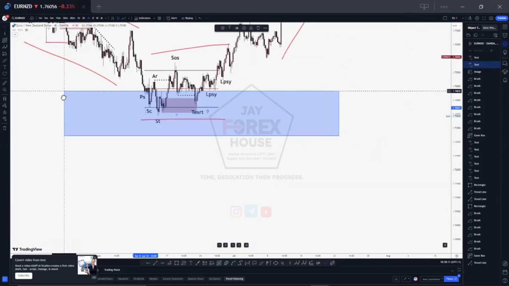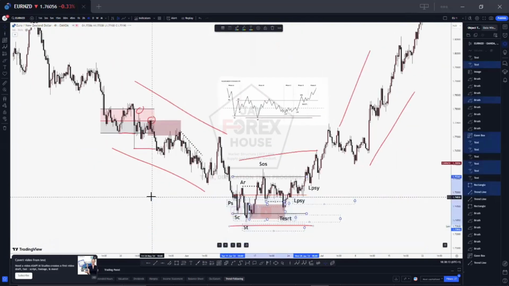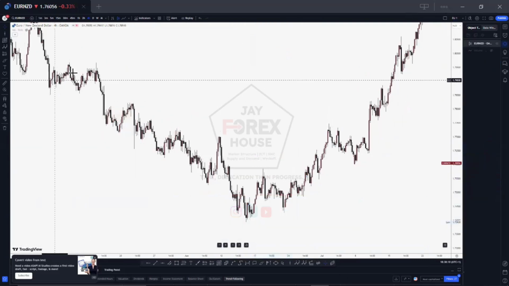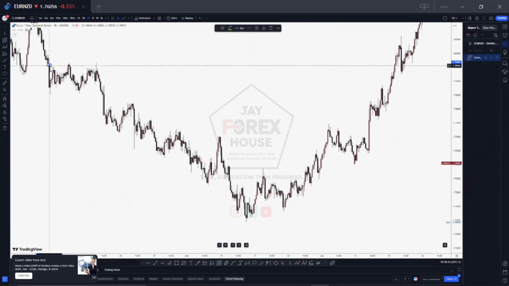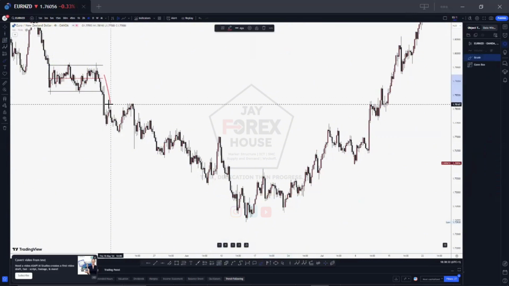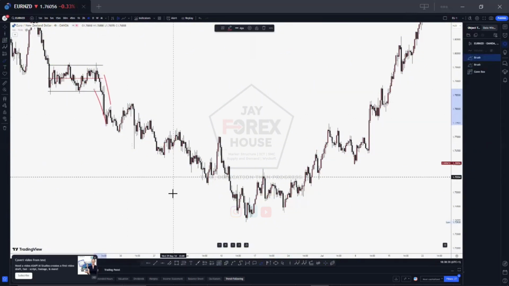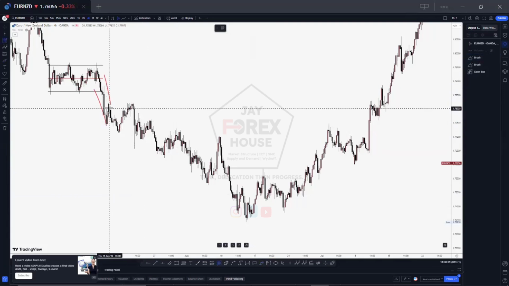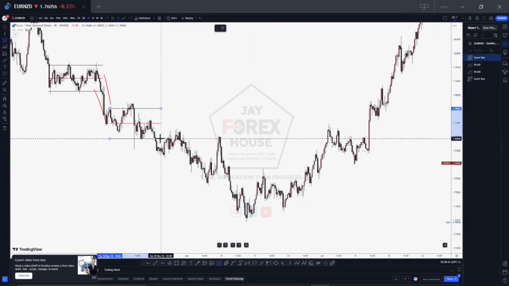So for the cause and effect, it's very, very simple. You just have to look for the schematics and the consolidations that caused the effect of the markdown or the markup. Once you find the consolidation, you can tell at what length the impulsive move goes. So you can then look at the next range and the length of that next range to know what to expect on the coming one.